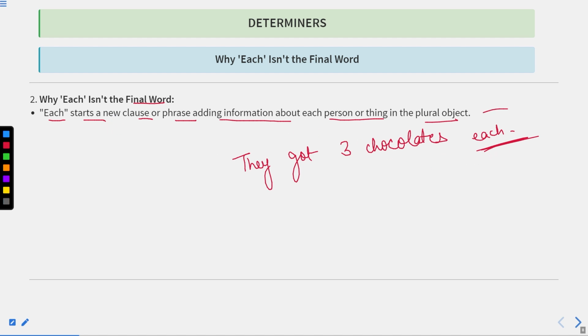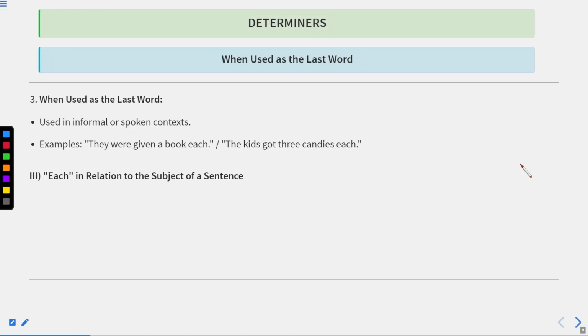But obviously, when we use it as a determiner, after each we do have a noun. Therefore, we cannot make it the final word of the sentence. Now let us move to the next one. When used as the last word, it is used in informal or spoken context: they were given a book each. The kids got 3 candies each. So this is how we can use the word each.